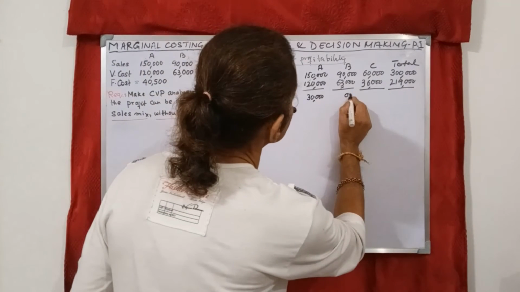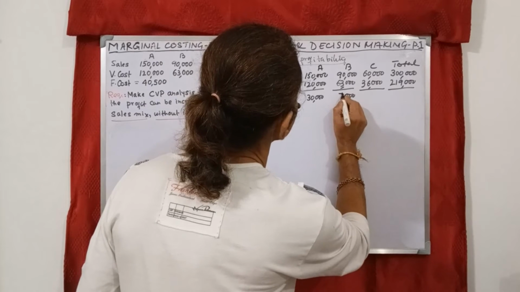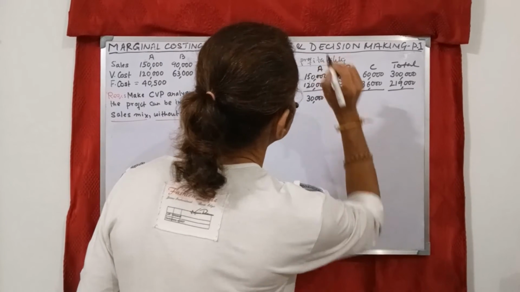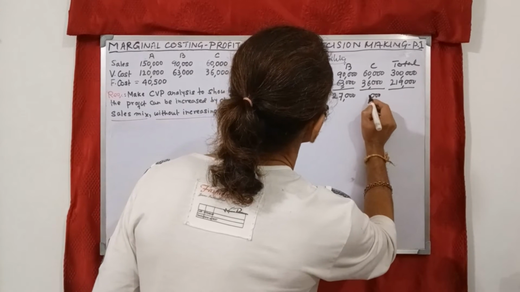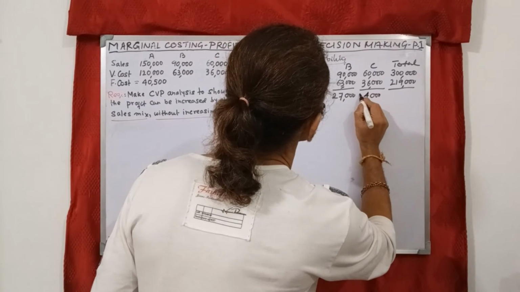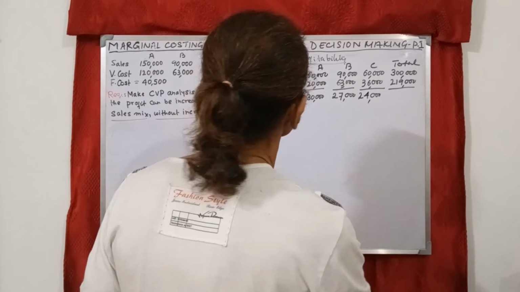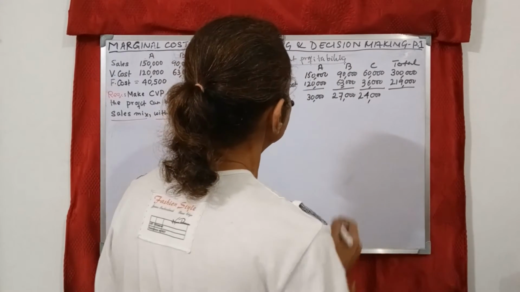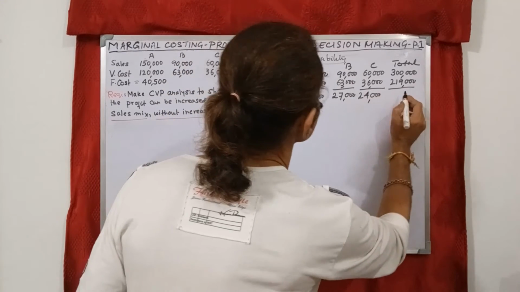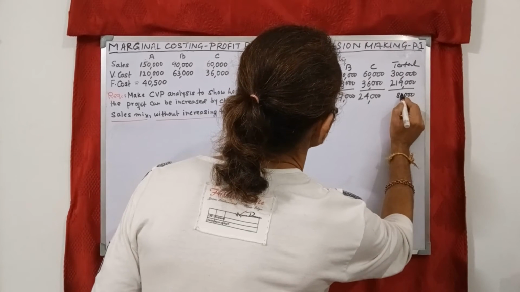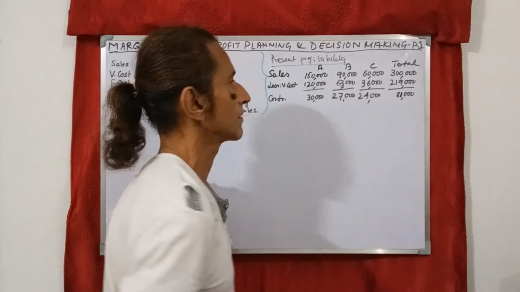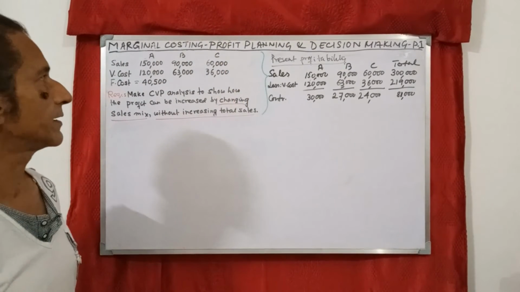Here it is 27,000, and here 24,000. So the total contribution is 81,000. Correct?